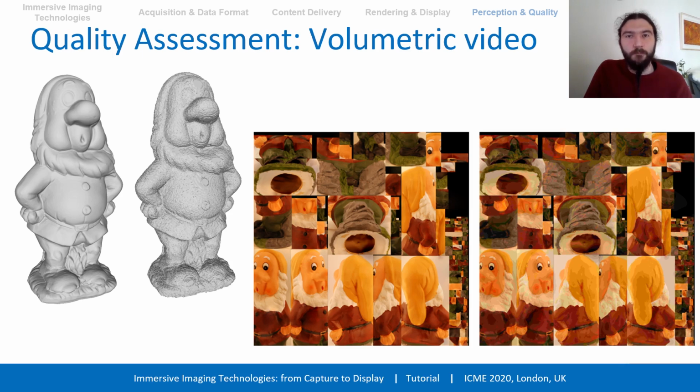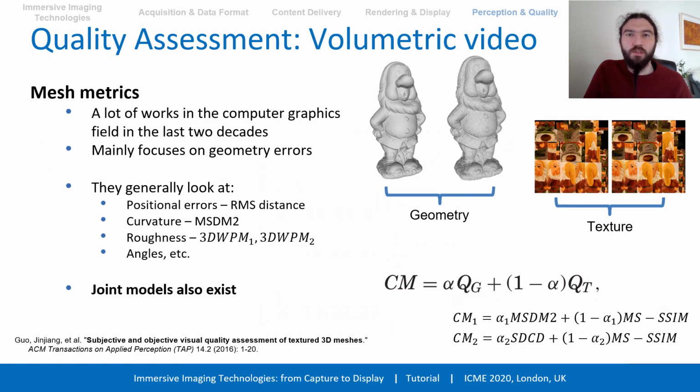On the left, we see the distortion on the geometry components, and on the right, we see the distortion on the texture atlas. The joint models generally use two different metrics for geometry distortions and texture distortions. Then, these results are summed with different weights. This gives us a joint quality measure, which would ideally show the overall distortion in viewer's satisfaction for textured polygonal meshes.